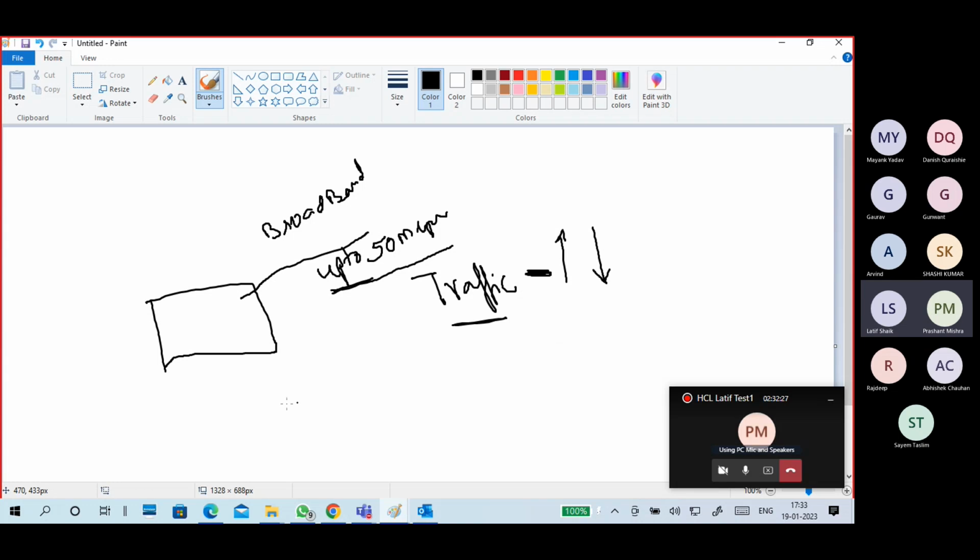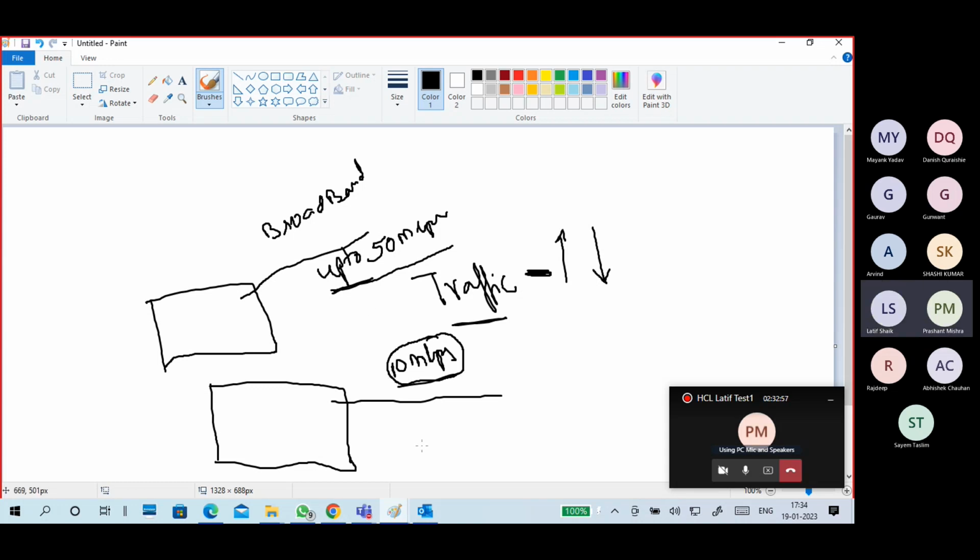But in organizations, think like this. We have companies like Savantis, HCL, Cognizant, Wipro. A lot of companies are there, right? They don't require up-to kind of stuff. What they want is dedicated connectivity. If they have taken 10 Mbps, whatever happens outside, we don't worry. We should get 10 Mbps constantly.